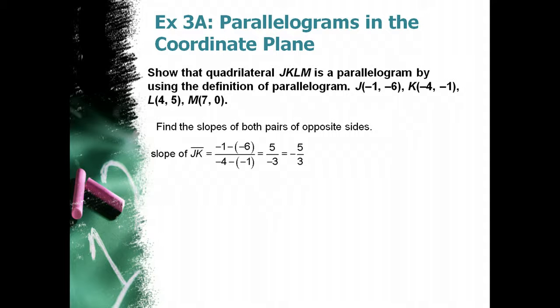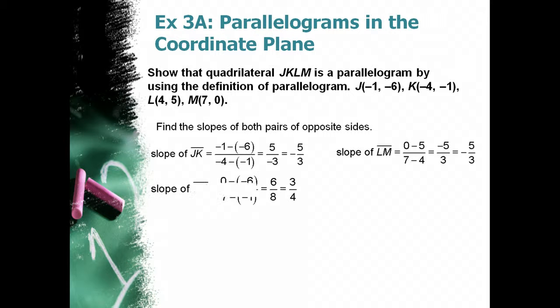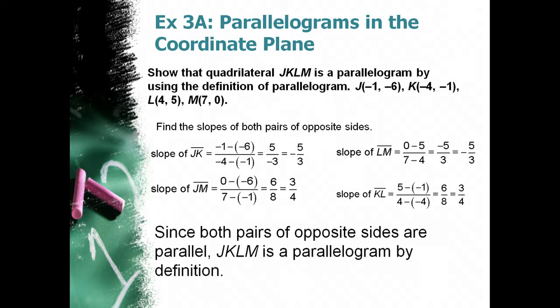The slope of JK is negative 5/3, and the slope of LM is also negative 5/3. The slope of JM is 3/4, and the slope of KL is 3/4. Since both pairs of opposite sides are parallel, then JKLM is a parallelogram by definition.